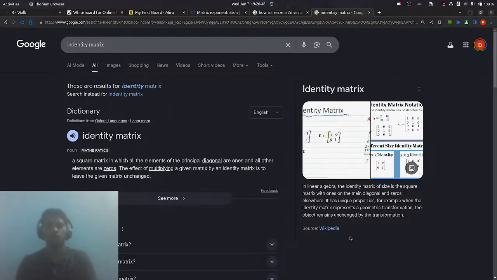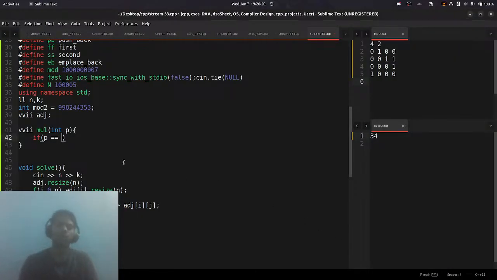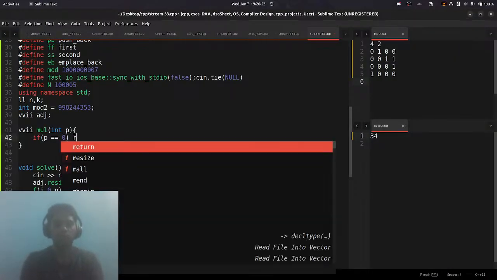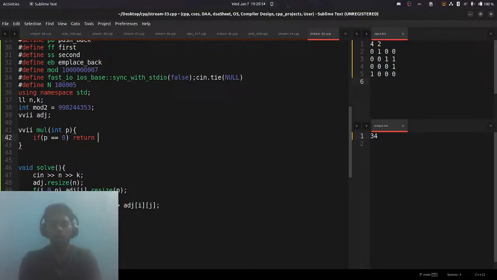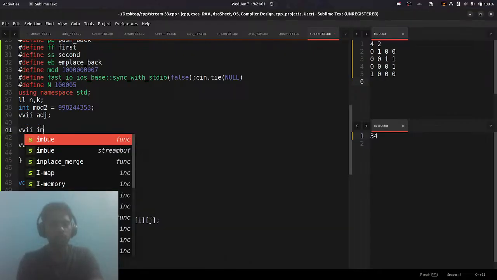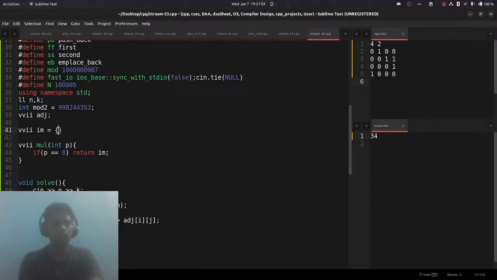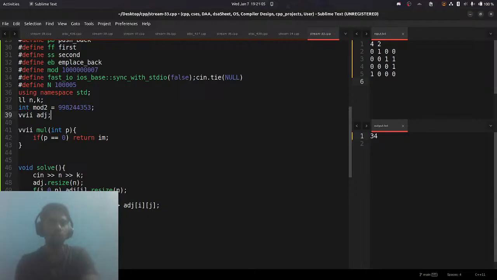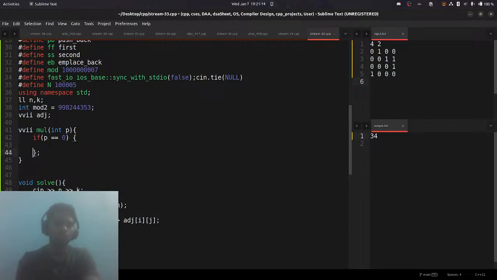So we will return an identity matrix, IM. But we need a size n, right? We'll create one.